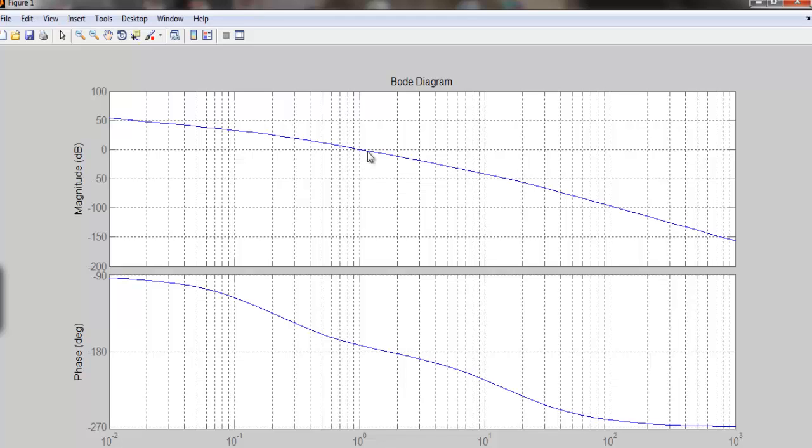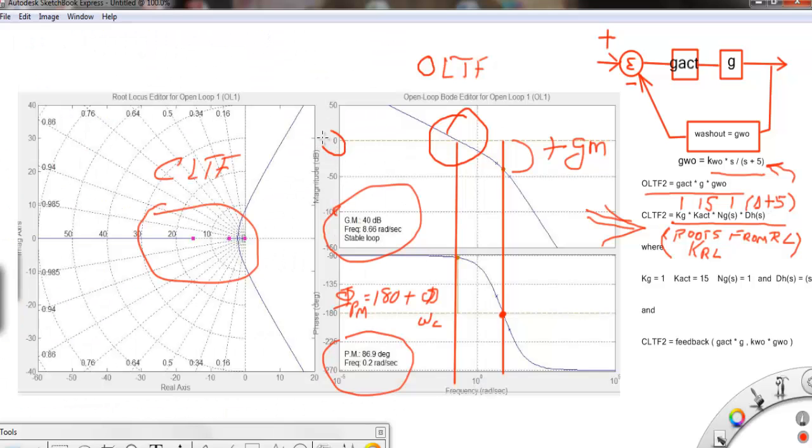This is a very important metric. We'll talk about it in class. But the important thing is that where the open loop curve crosses 0 dB is a good predictor of the closed loop bandwidth. That's the point that I wanted to make for this case.